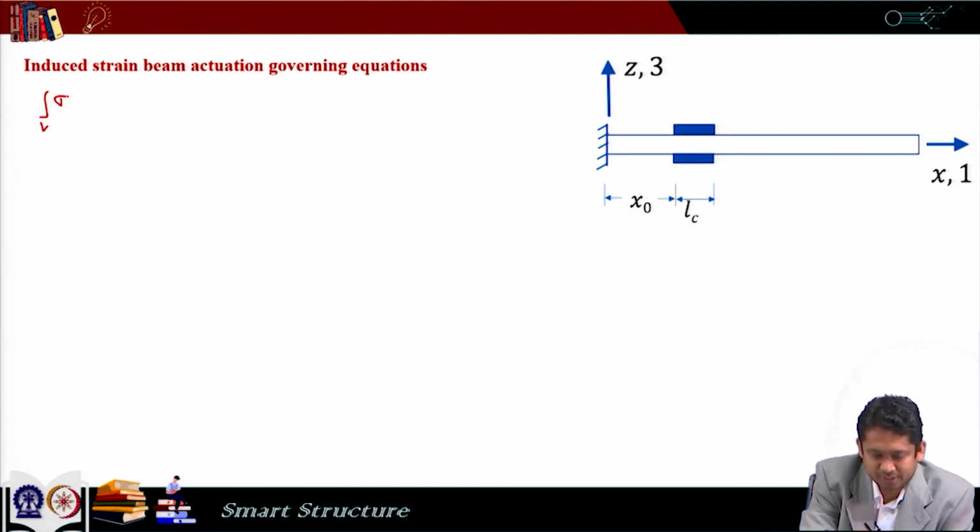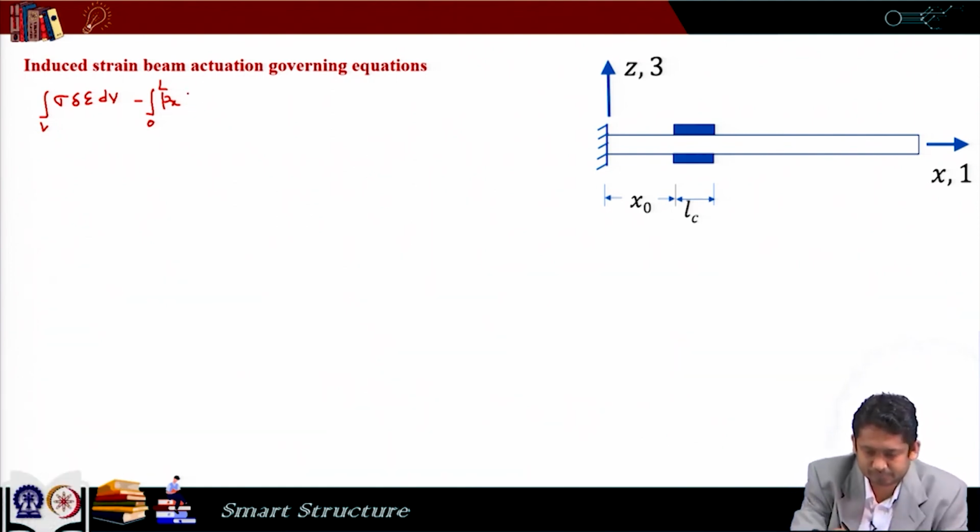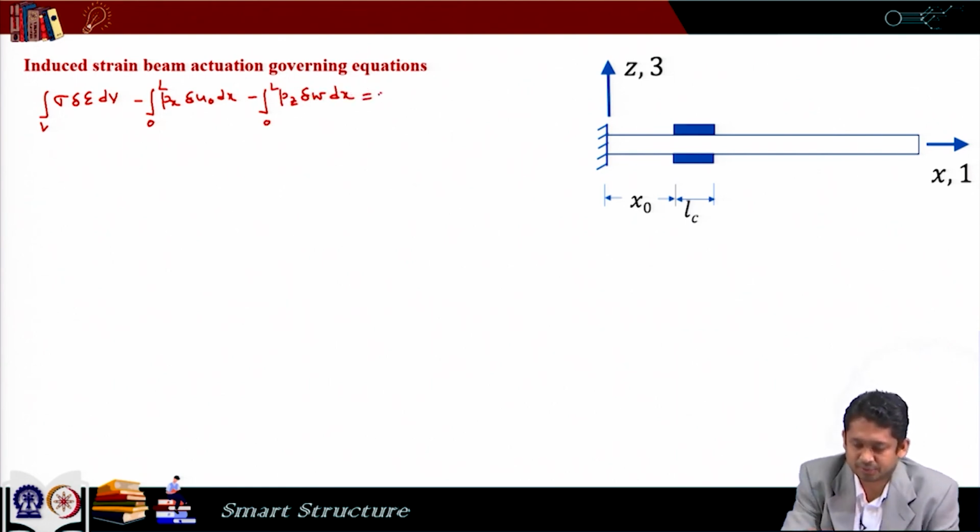So, the virtual work equation is sigma multiplied by variation of strain. Here we have only one stress component, that is sigma xx, and one strain component, that is epsilon xx, so we are not using any subscript. Then we have this as the external virtual work component, and that is equal to 0.